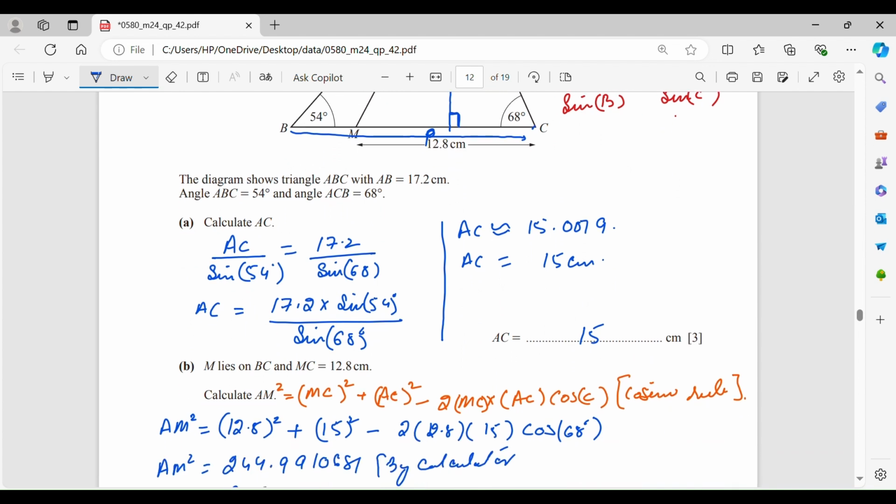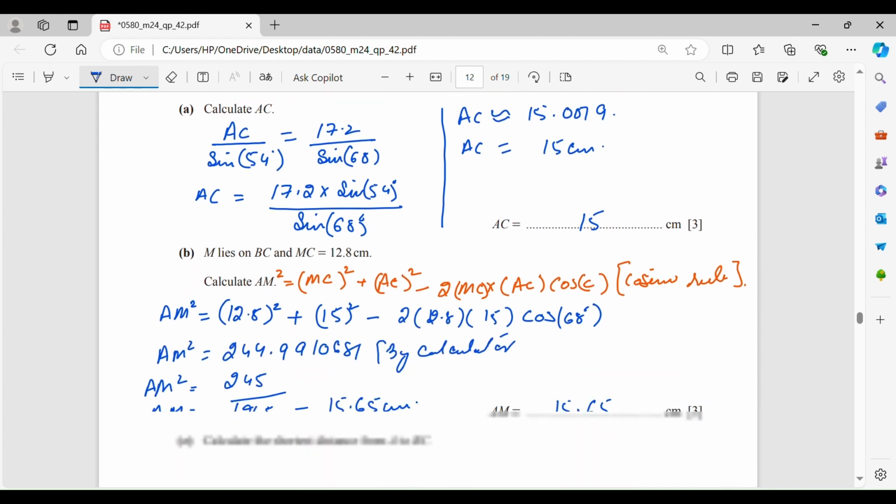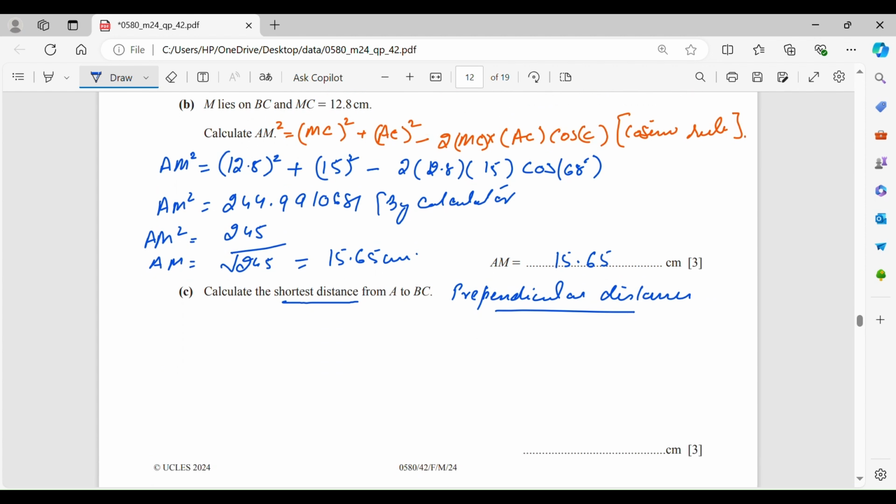Sine 68 degrees is equal to perpendicular over hypotenuse, which is AP over 15.